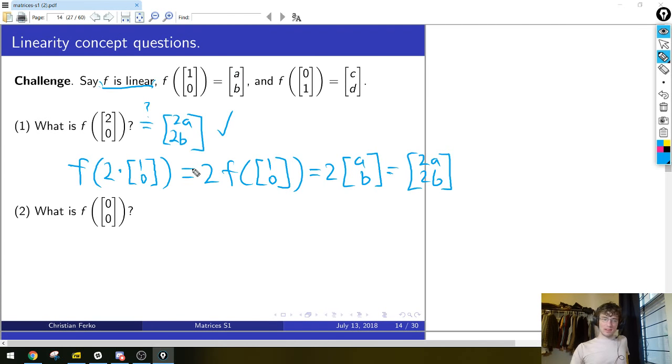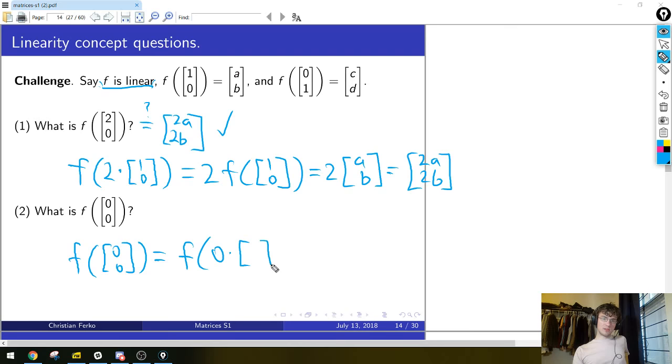Okay. Good. Let's use a similar strategy. So to find f of (0, 0), I claim you can write (0, 0) in a very silly way as a particular number times one of these inputs. So how should I simplify f of (0, 0)? I was going to ask if we could write it as f of 0 times the vector (0, 0).